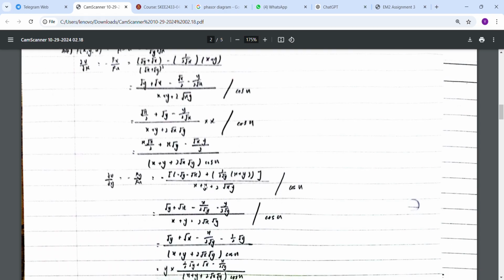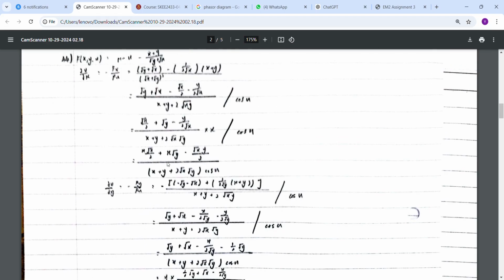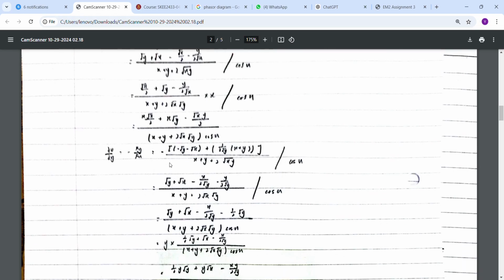And also we need to find delta u over delta y. So the formula is negative fy over fu, sorry. So now also the same, we can find delta f over delta y and also delta f over delta u.